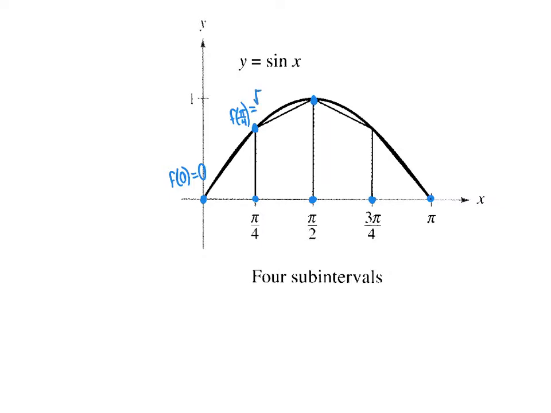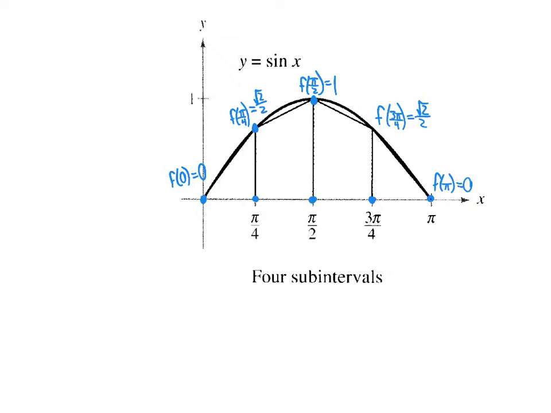F of pi over 2. What's sine of pi over 2? 1. F of 3 pi over 4 is just root 2 over 2. And then f of pi is 0.